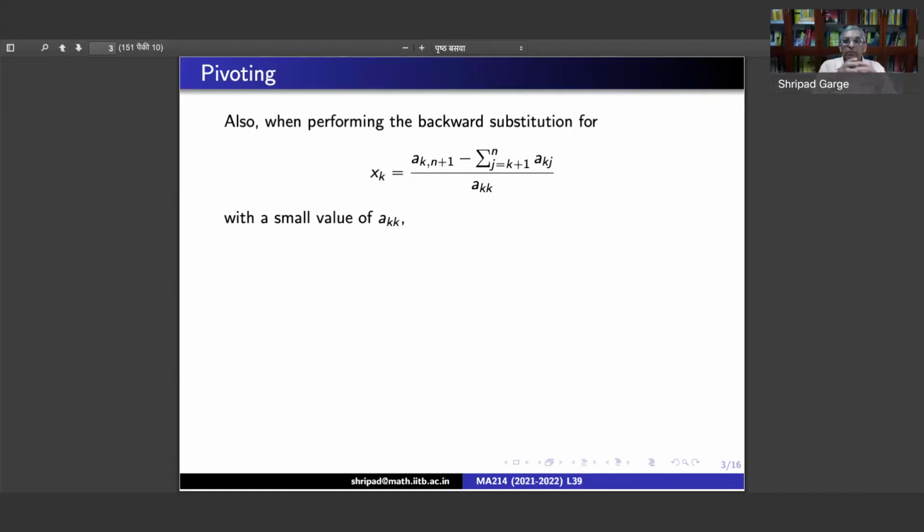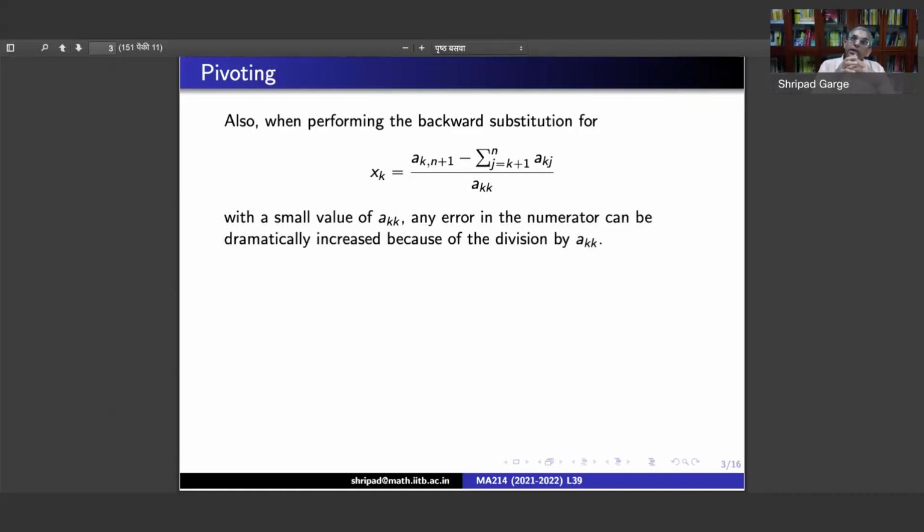And then you will need to divide by AKK. So for a small value of AKK, any error in the numerator will dramatically increase when you are dividing by AKK. This is what will happen.